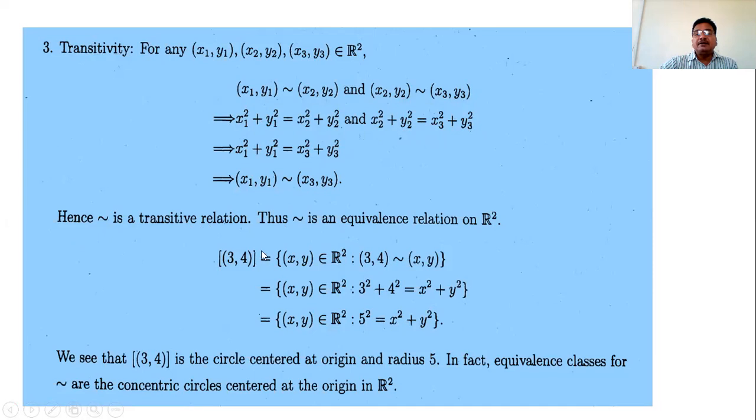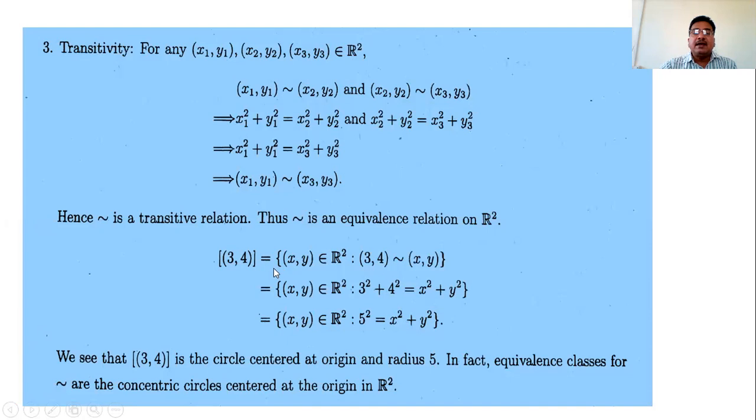Now we have to find the equivalence class of element (3, 4). How can we denote the equivalence class of (3, 4)? Write the ordered pair (3, 4) in square brackets, or write the ordered pair (3, 4) with a bar. These are the two notations for an equivalence class.